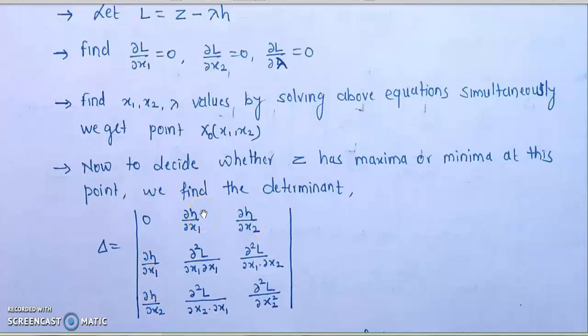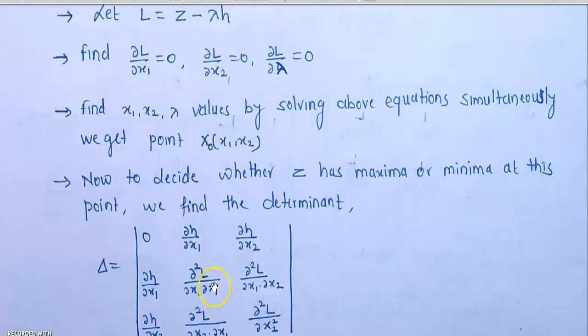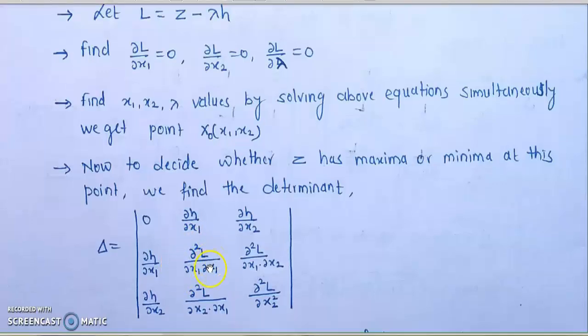Then the rest of the elements are nothing but the double derivatives with respect to x1 and x2. So this element is the partial derivative of L twice with respect to x1. This is the first derivative with respect to x2 and then x1. This term is the partial derivative of L with respect to x1 and then x2, and this is both derivatives with respect to x2. So once we fill this determinant, we get some constant answer.